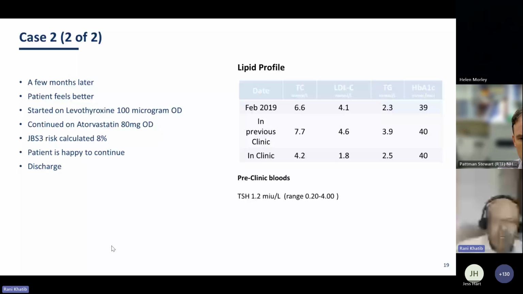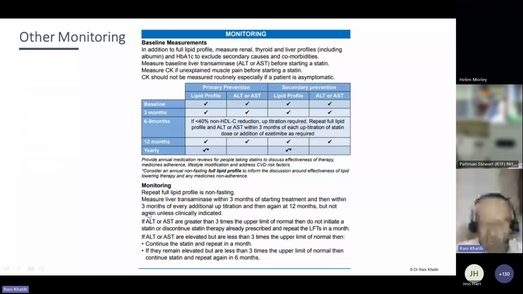Okay, good. The next thing I'm probably going to hand over to Stuart to talk about, but there's a nice box at the back of the national pathway about monitoring, and in addition to the full lipid profile and the thyroid function, we recommend checking the liver profile as baseline, and in particular, of course, the transaminases.